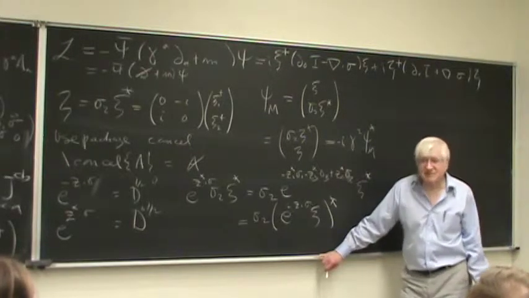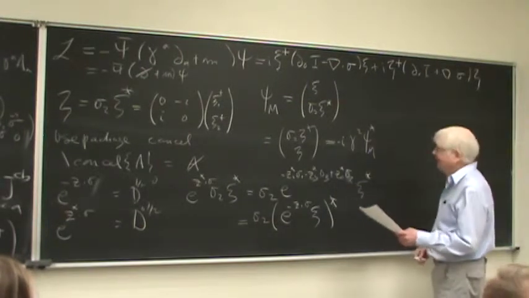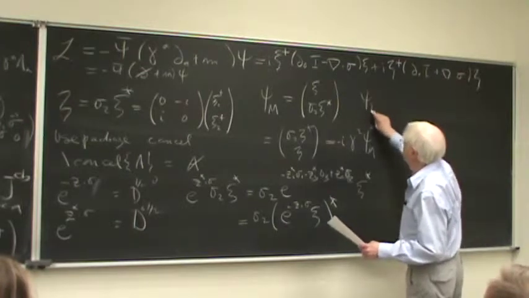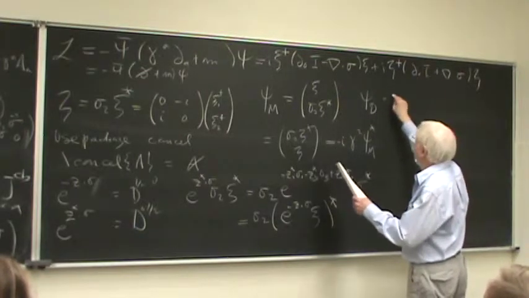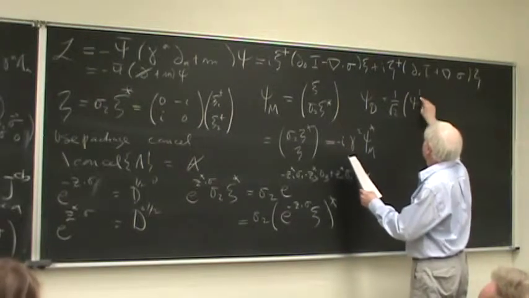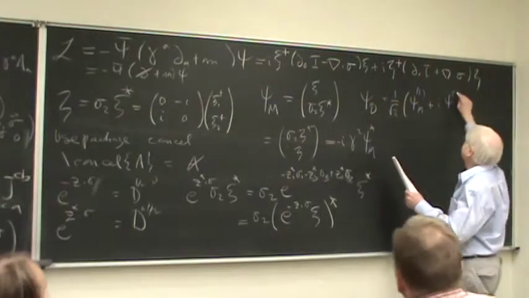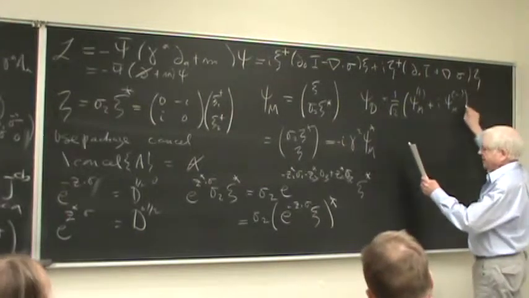You can do the same thing if you have two Majorana spinors, and you can put them together into one Dirac spinor. You do it this way: 1 over square root of 2, psi 1 Majorana plus i psi 2 Majorana.